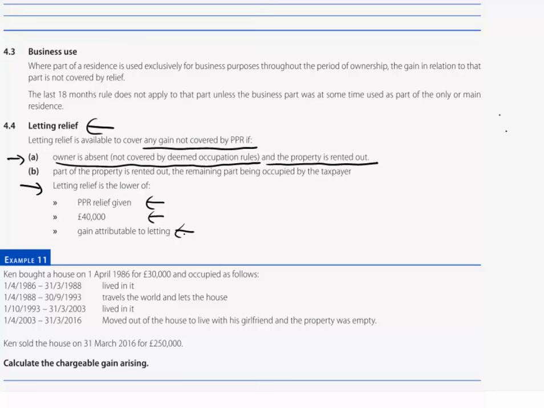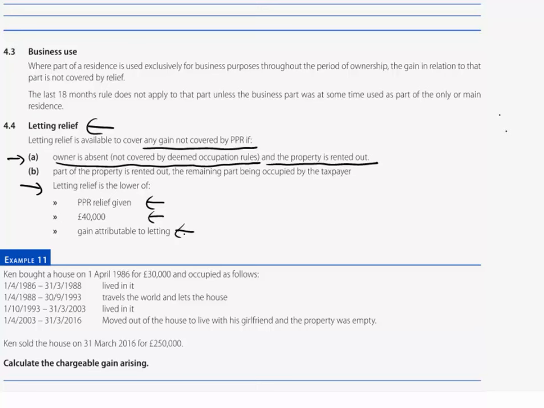That would mean that lettings relief would now be available, and it would be the lower of the PPR relief given. Well, that of course was a very high figure. That was something over 100,000 as I recall there. You may still have it open in front of you. So it's not that figure. 40,000 is clearly a number below that. And then the gain attributable to the period of letting.